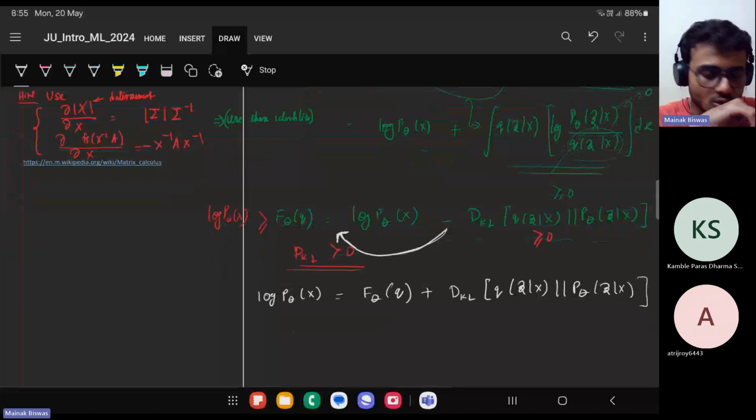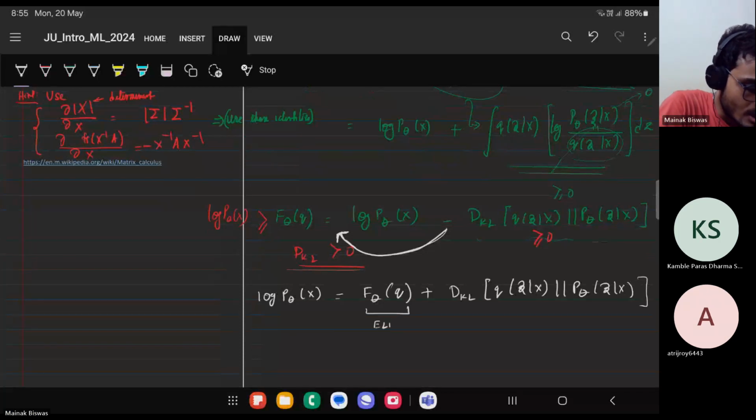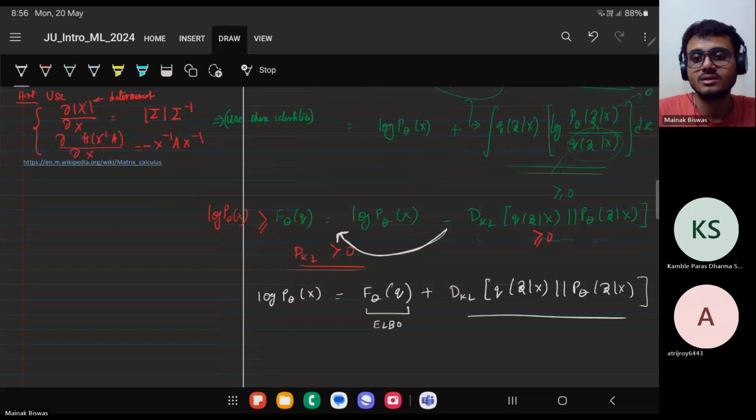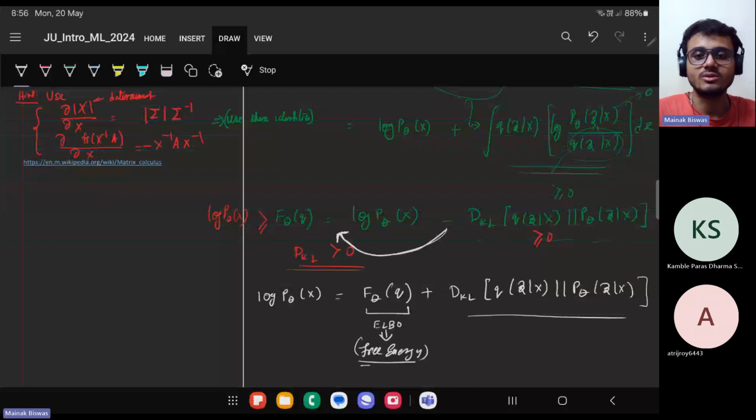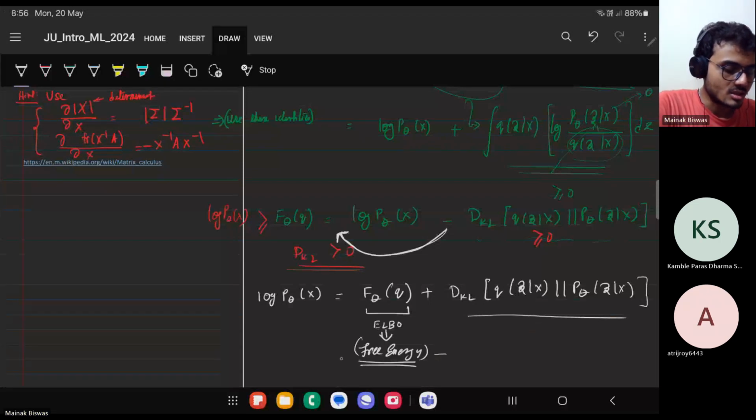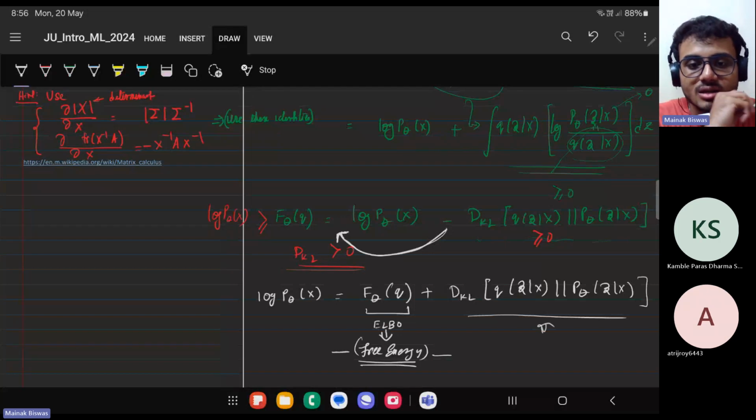You understand this? So the log likelihood is this ELBO plus the KL divergence. Do you agree? This is called the free energy. In thermodynamics, we've studied the Gibbs free energy, and this is what you cannot extract from the system, and this is what people generally manipulate.